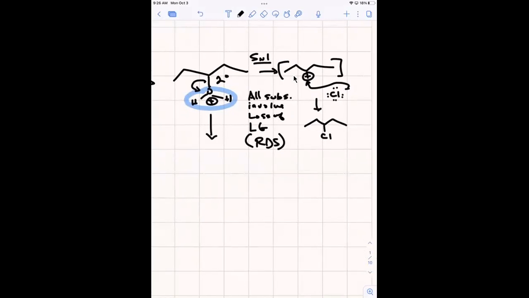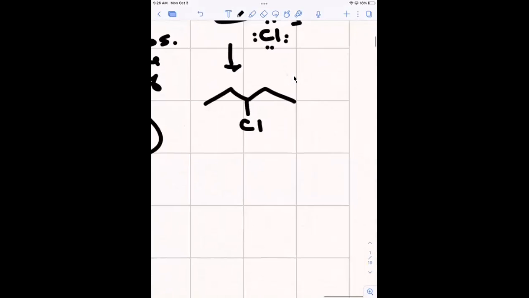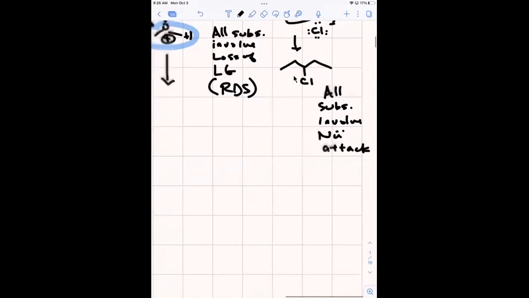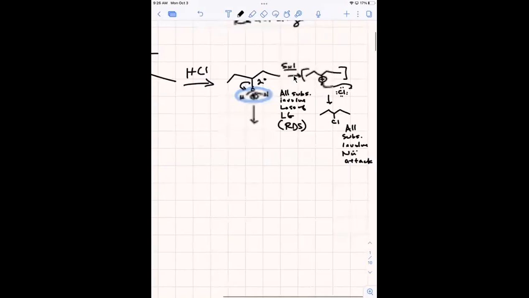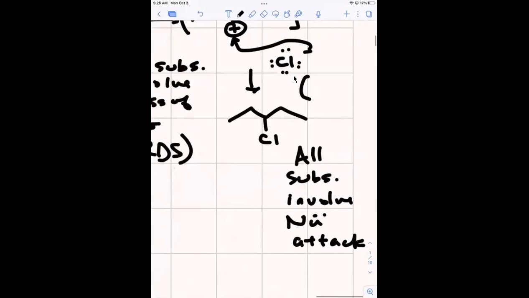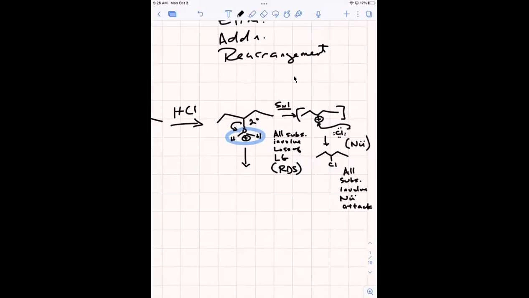And it's going to involve nucleophilic attack. So for this example, you lose your leaving group, and then the nucleophile, in this case chlorine, is going to attack that carbocation.